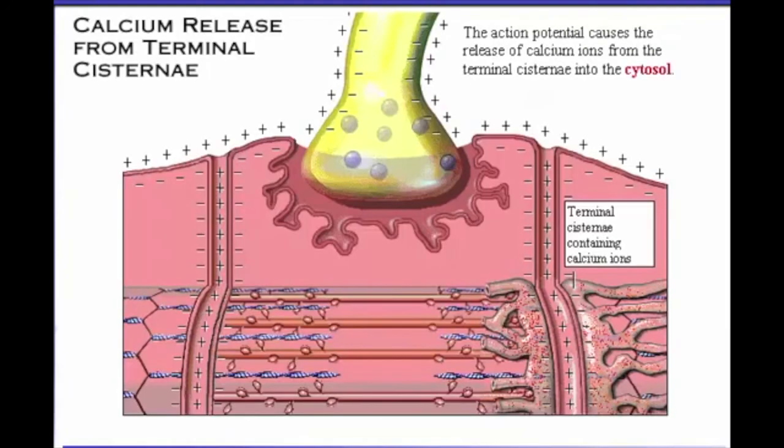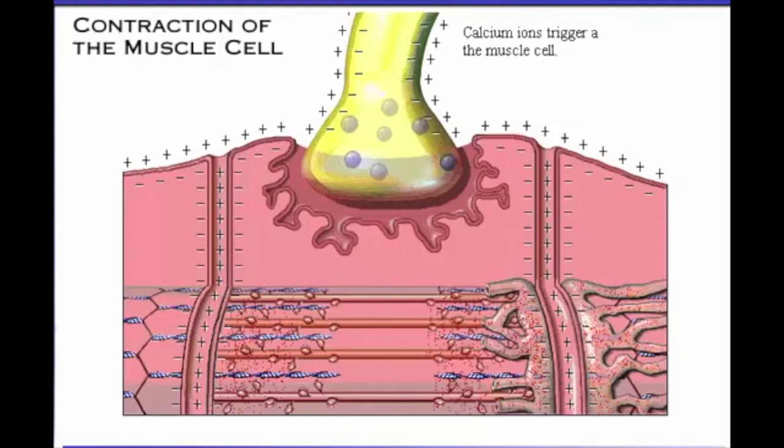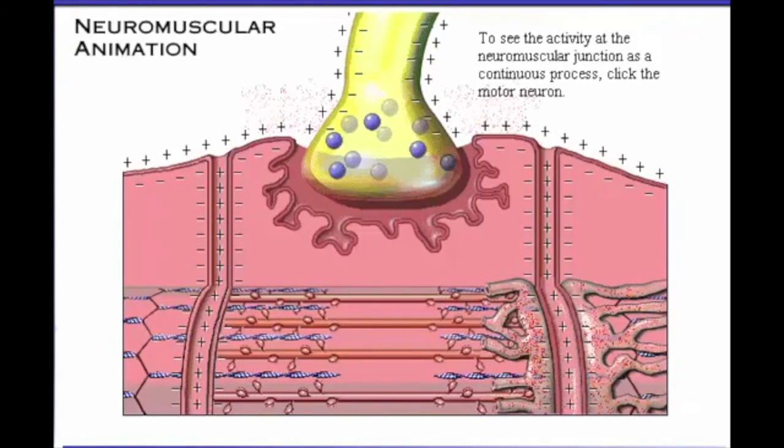The action potential causes the release of calcium ions from the terminal cisternae into the cytosol. Calcium ions trigger a contraction of the muscle cell. The activity at the neuromuscular junction is a continuous process.